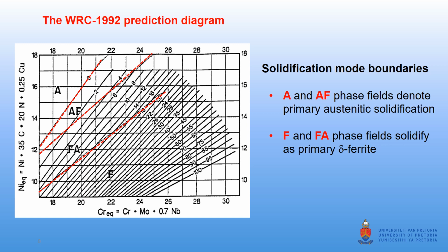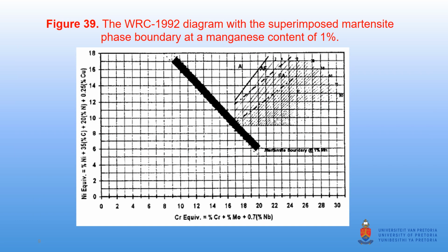Alloys situated in the F and the FA phase fields solidify as primary delta ferrite and will be resistant to hot cracking. For some chromium equivalent and nickel equivalent values beyond the lower limits of the ferrite number lines on the WRC diagram, martensite may be present in the weld metal.